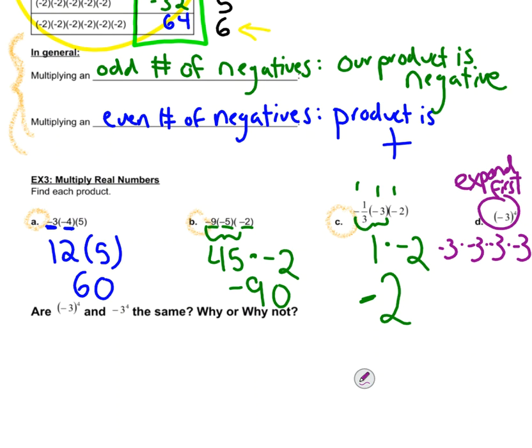Let's do this left to right. Negative 3 times negative 3 is positive 9, times negative 3 times negative 3. Positive 9 times negative 3, so you've got a positive number times a negative number, so negative 27 times negative 3. When we multiply these ones, we get positive 81.